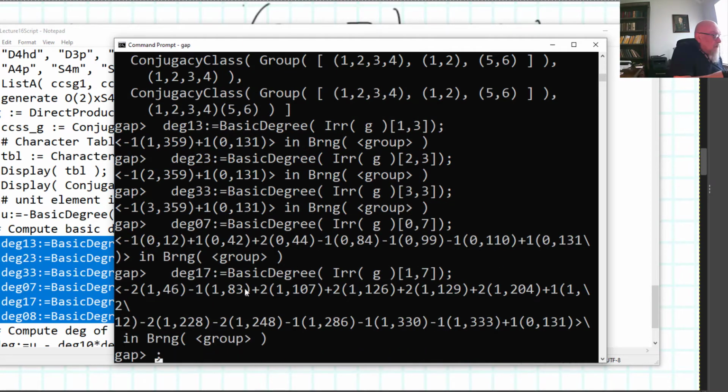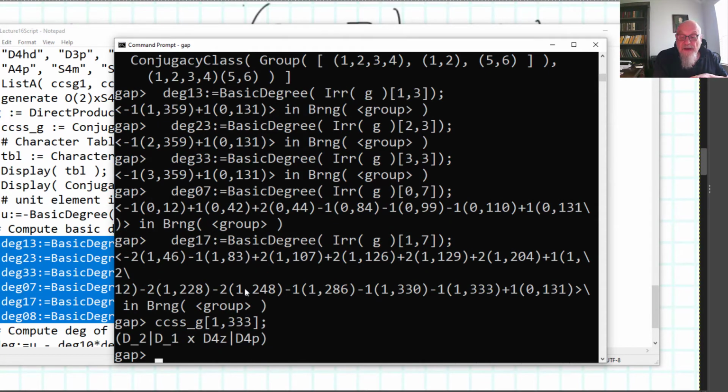So let's remove it. So this is CCS subscript G, and we want to know what this 3, 3, 3 is. This element. And we have the amalgamated notation. Yes, this is the amalgamated notation. Very good. And what about the other one? 1, 204.